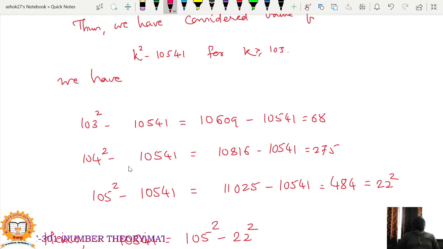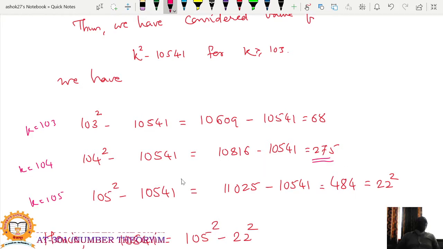Then for k equal to 104, the difference 104 square minus 10,541 is equal to 275. You have to continue this process until you get a complete square. So 275 is not a complete square of another integer, also called a perfect square.